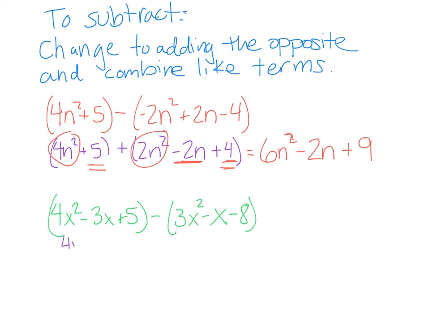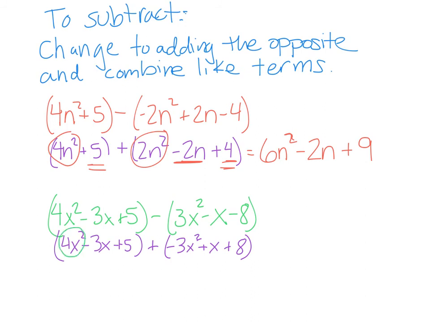Not the first part, rewrite the second part. Rewrite it as adding the opposite: minus 3x squared plus x plus 8. And again, if you have a different strategy and it works, great. I am just going to demonstrate it this way.